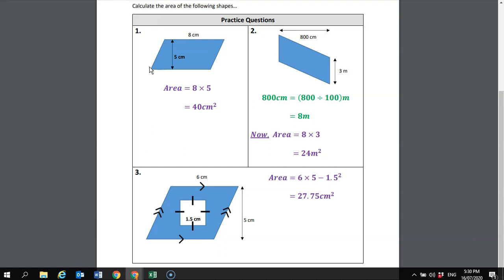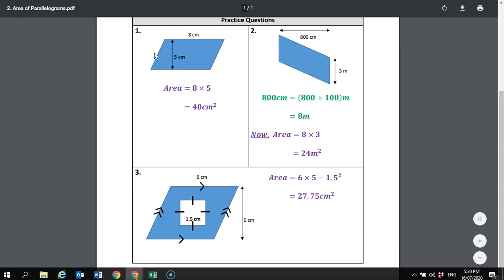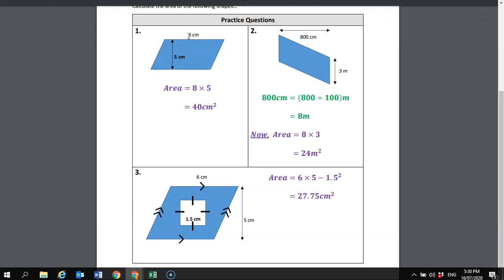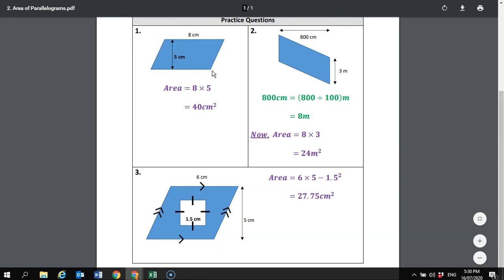And a really common mistake is that people will multiply the 8 by the 6.5. That's completely wrong. It's base, which is 8, times height, which is a vertical line, which is 5. Okay, so area equals 8 times 5, which equals 40, and our units are centimeters. So 40 centimeters squared. Don't forget the squared.